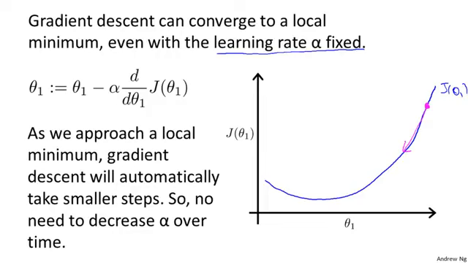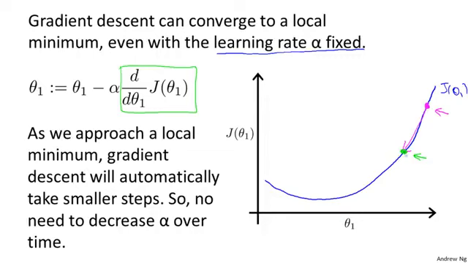Now I'm at this green point, and if I take another step of gradient descent, you notice that my derivative, meaning the slope, is less steep at the green point than at the magenta point out there, right? Because as I approach the minimum, my derivative gets closer and closer to 0. So after one step of gradient descent, my new derivative is a little bit smaller.